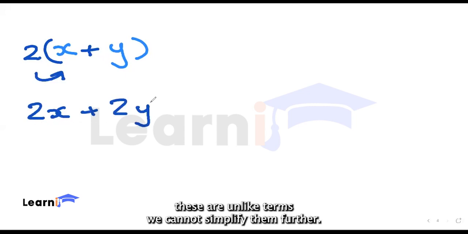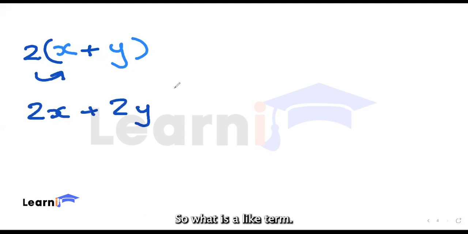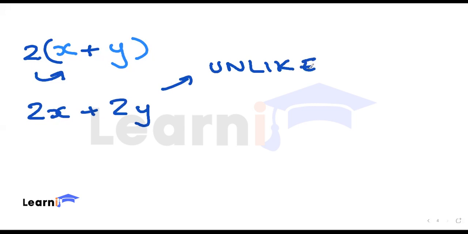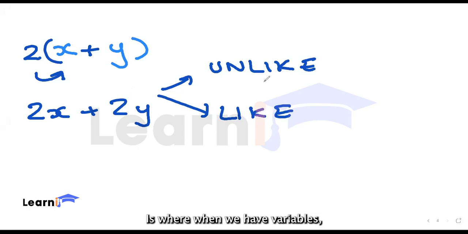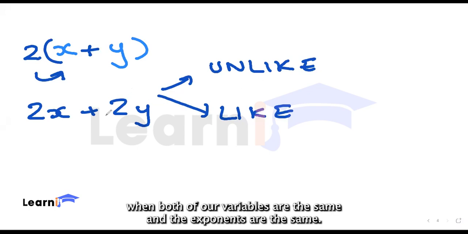Okay, so again, if we use the distributive law here, we have 2x plus 2y. And here, these are unlike terms. We cannot simplify them further. So what is a like term and what is an unlike term? A like term is when we have variables, when both of our variables are the same and their exponents are the same.